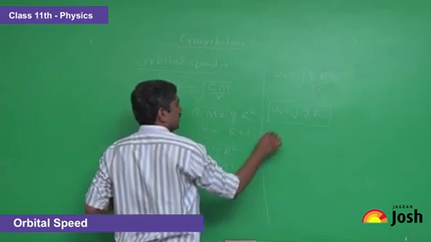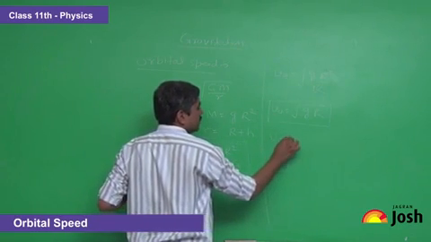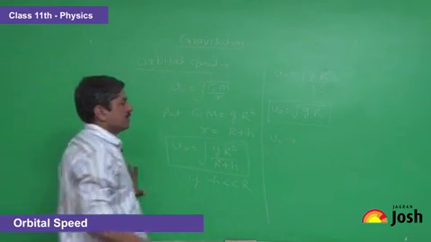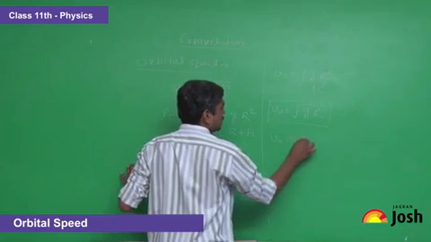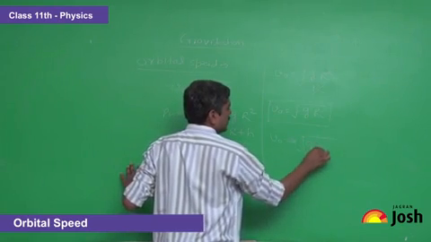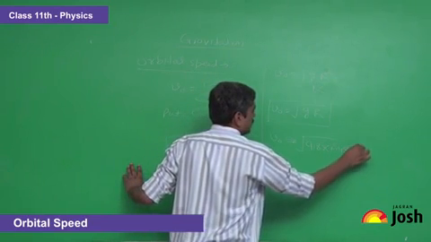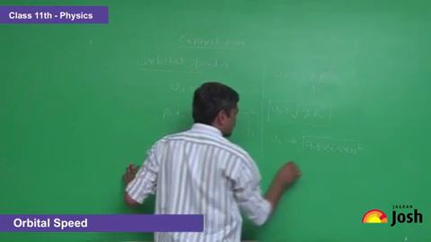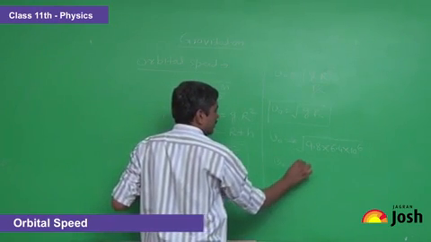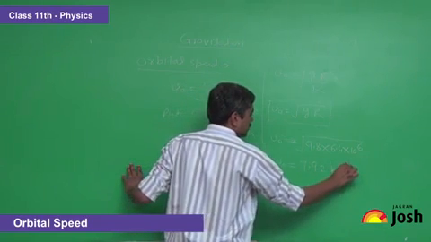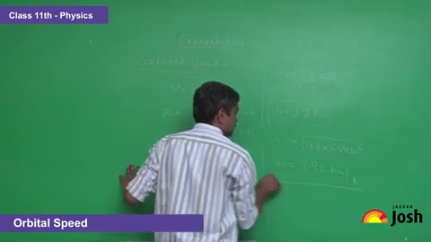If we calculate the orbital speed for a nearby satellite of the earth, we put g equal to 9.8 and the radius of the earth as 6.4 into 10 to the power 6 meters. On solving it, we get the answer 7.92 kilometers per second.